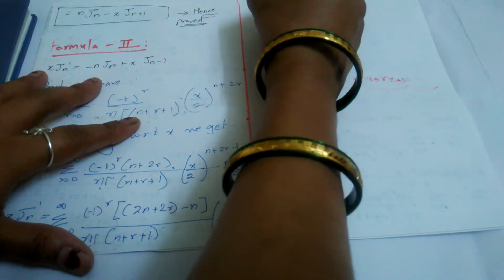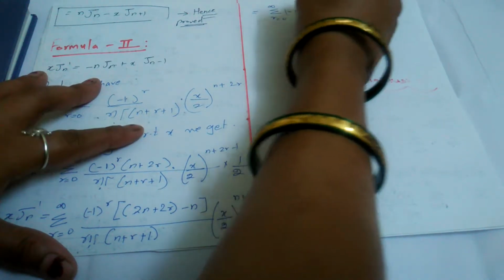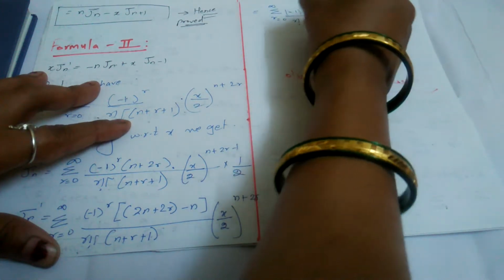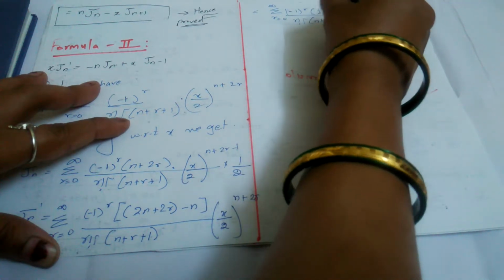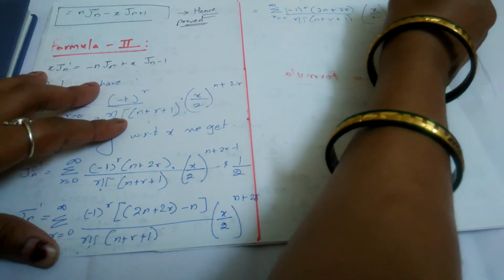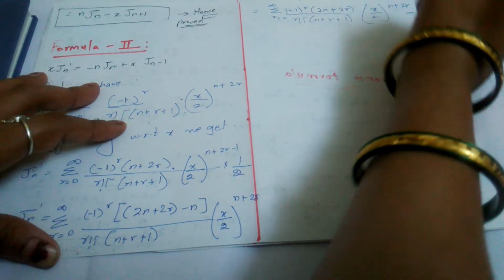So it is the summation of r from 0 to infinity of (-1)^r, (2n + 2r), divided by r factorial (n + r + 1), into (x/2) to the power n + 2r - n.